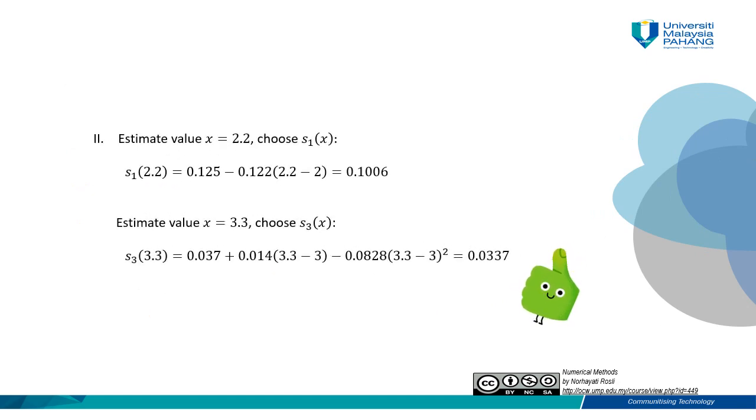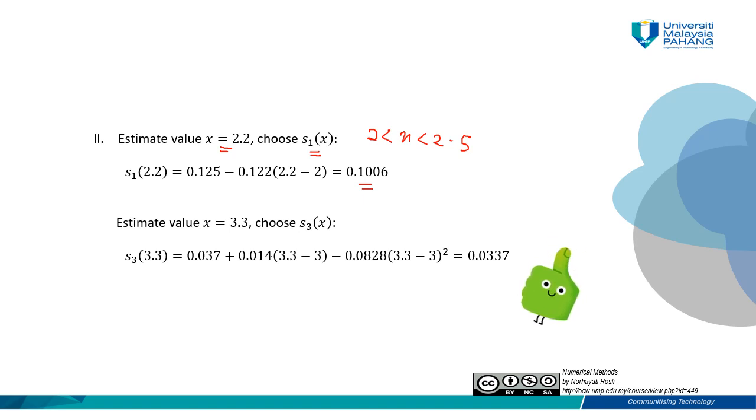Now let's start our calculation. First one, for x equal to 2.2. This one is in between 2 and also 2.5, where this one is for S1. So you just substitute 2.2 in our equation. So S1 is equal to 0.1006.